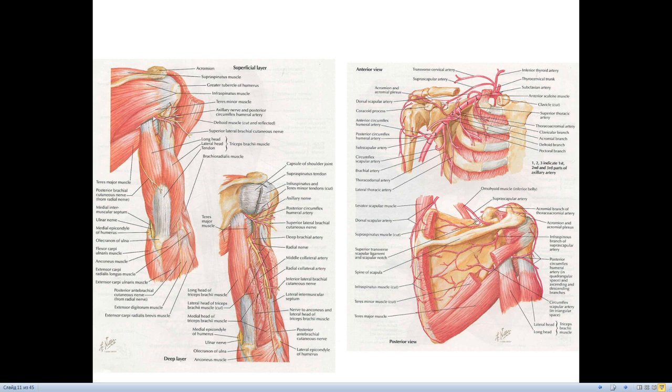The subpectoral triangle rests more medially.